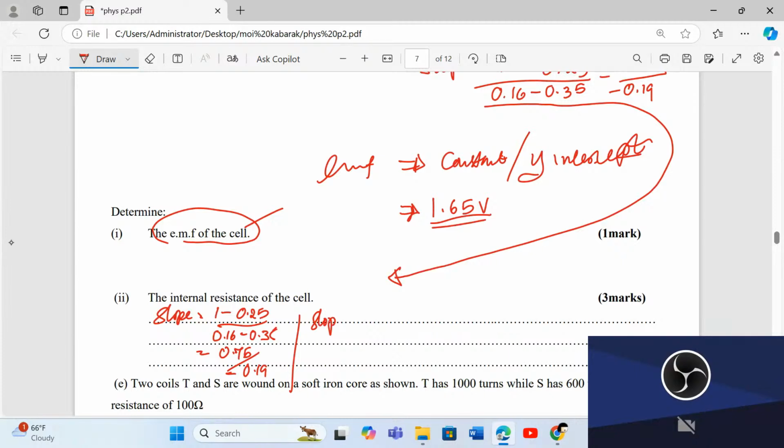So our slope is negative 3.947, but slope is equal to negative r. Therefore, negative 3.947 is equal to negative r. So our r is the same as 3.947 ohms.